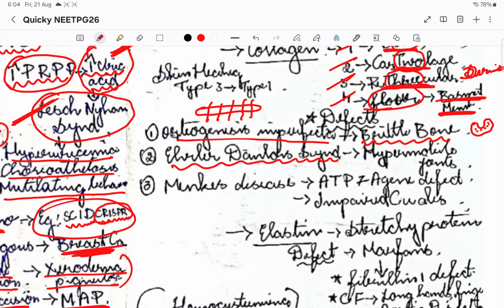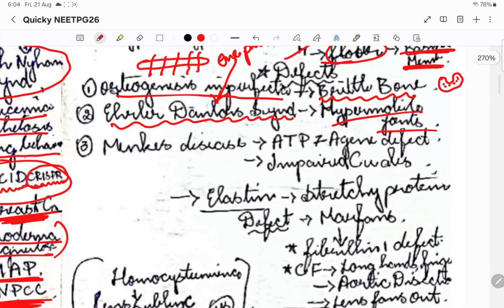If you have watched One Piece, Luffy has exactly this thing after eating that fruit, that is, hypermobile joints. He can extend his arms, his face, his skin and so on. So when you think of Ehlers-Danlos syndrome, even in your clinical cases, just think of Luffy from One Piece. That's it, hypermobile joints.